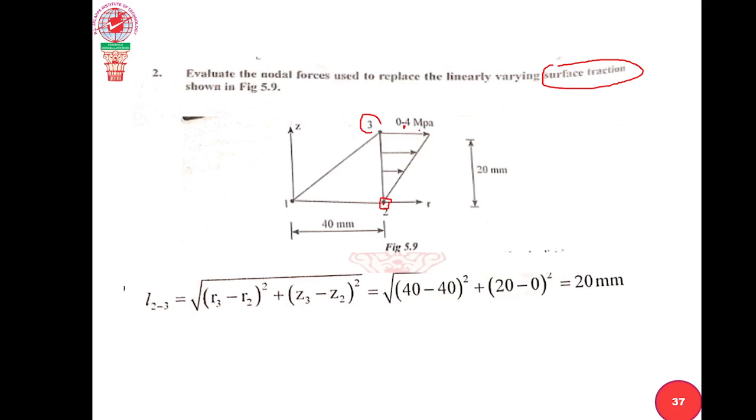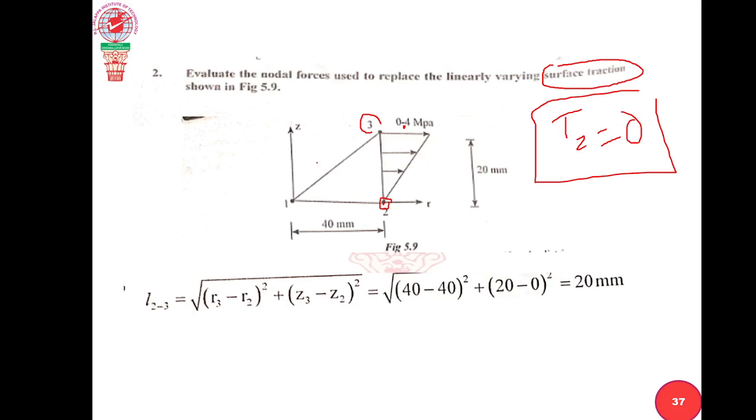This 0.4 megapascal varies with respect to which direction, R or Z? With respect to R. With respect to Z, the traction force TZ is 0, because it varies like this, not vertically.